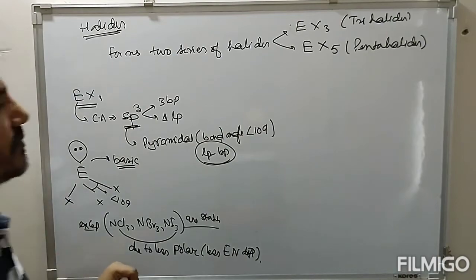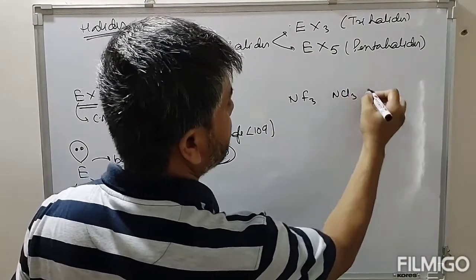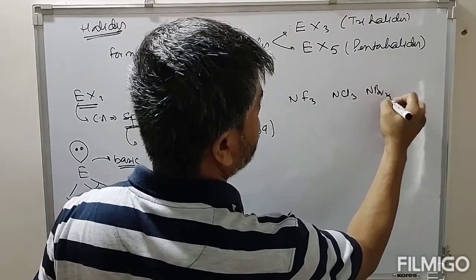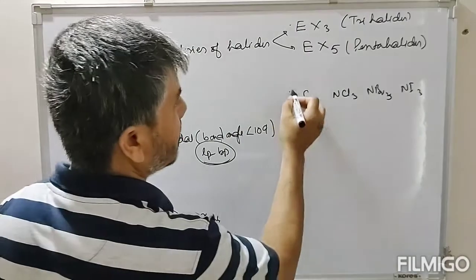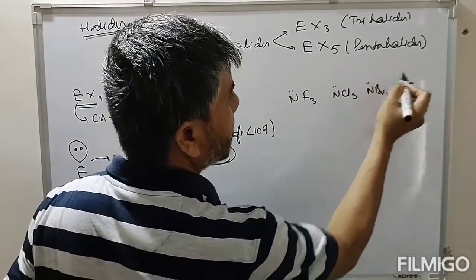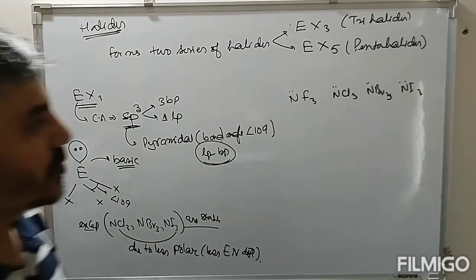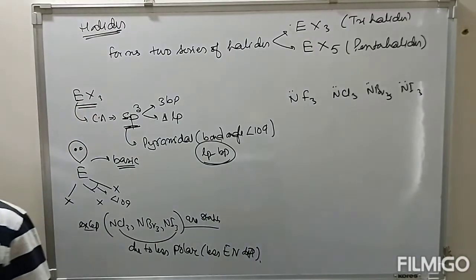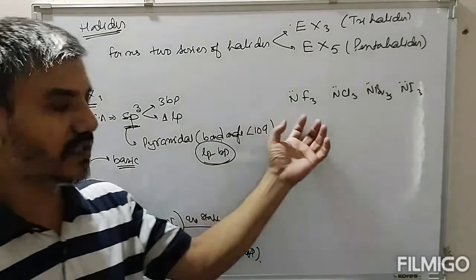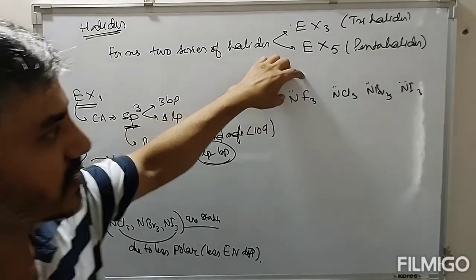So when we compare the basic character, look at this NF3, NCl3, NBr3 or NI3, each central atom contains a lone pair, so this can act as a base. But moving down the group from fluorine to iodine, electronegativity decreases. So fluorine being the most electronegative, electron density on nitrogen is the least.